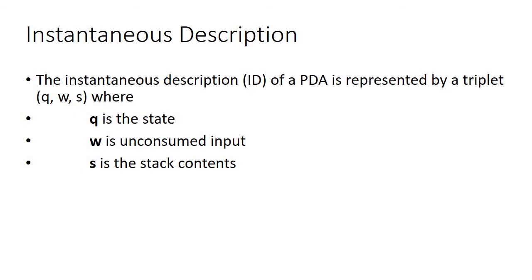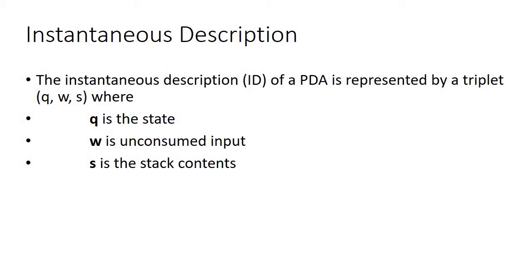There is another description way which we normally use, which is the instantaneous description, that is ID, of any PDA, which is represented by a triplet Q, W and S. It helps us define the transition function. Q defines the state, W defines the unconsumed input, whereas S defines the stack.